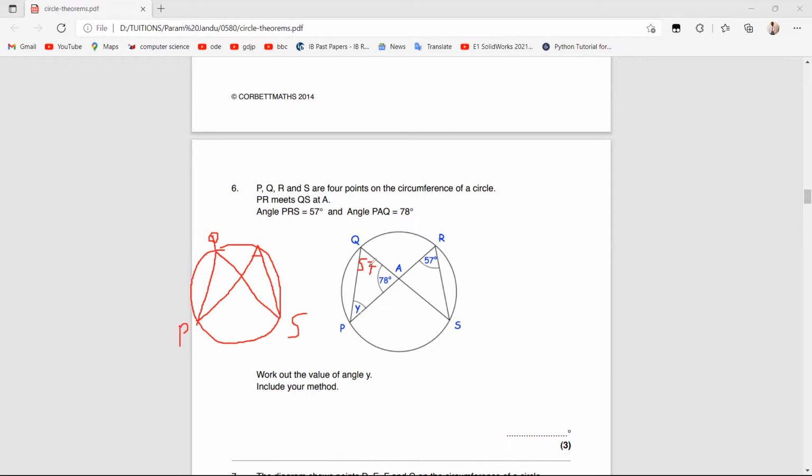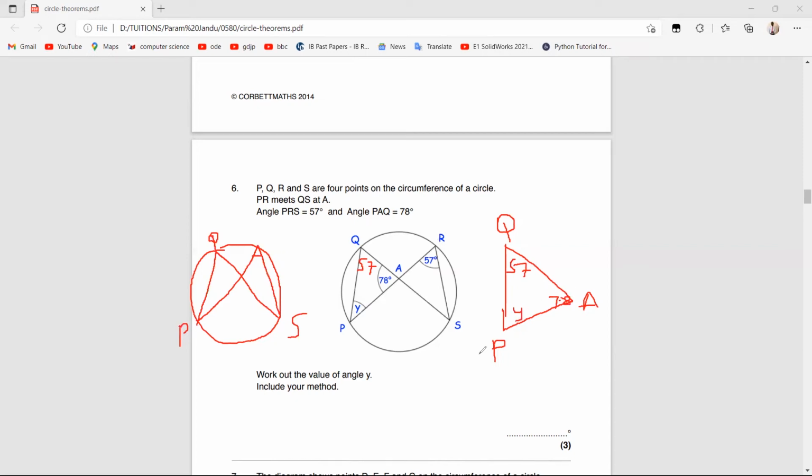And with this information, guys, you can get angle Y, because now you simply isolate this triangle, triangle QAP. That's my triangle QAP. I just want to isolate it that way so that I have 57 there and I have 78 here, and I have Y here.